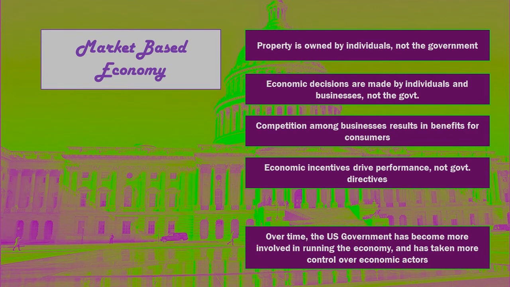Individuals make their own economic decisions, and businesses do as well, not the government. You decide what products to buy and consume. The government doesn't often tell you what those are. We have a competitive system where producers are competing with each other to reach the most consumers. And we have a system where economic incentives, usually money and profit, are what drive economic performance. And it's rarely government directives that tell the economy what to do.